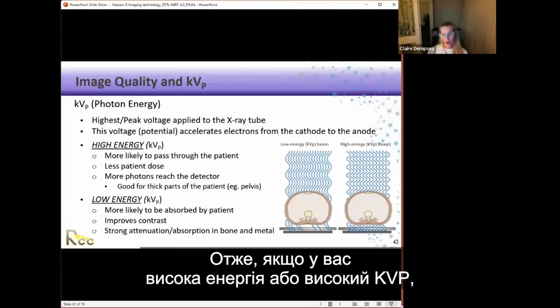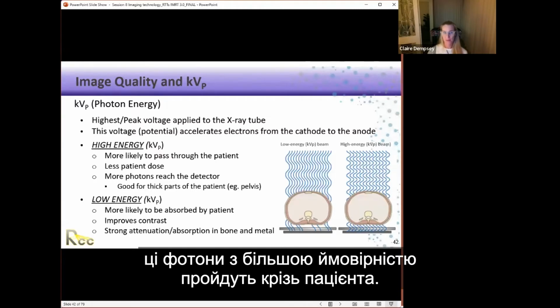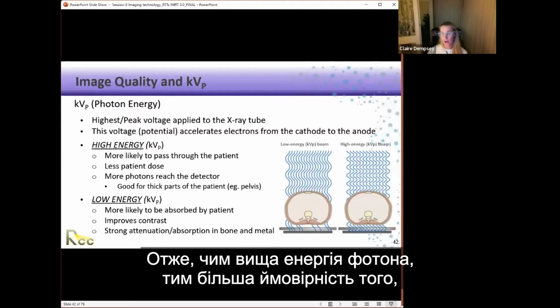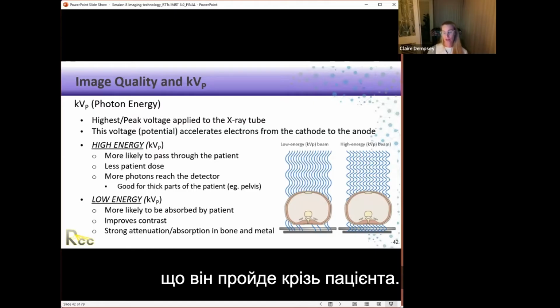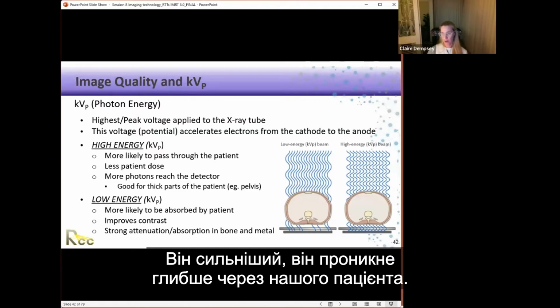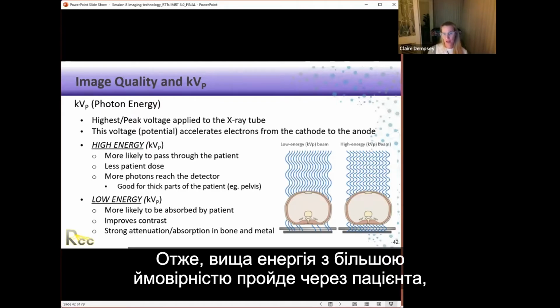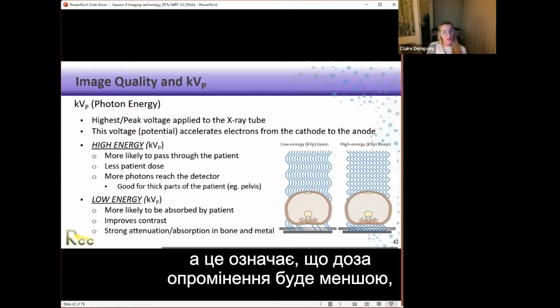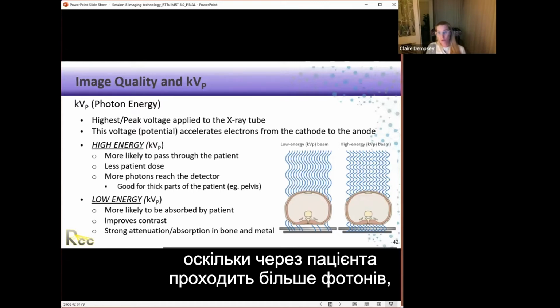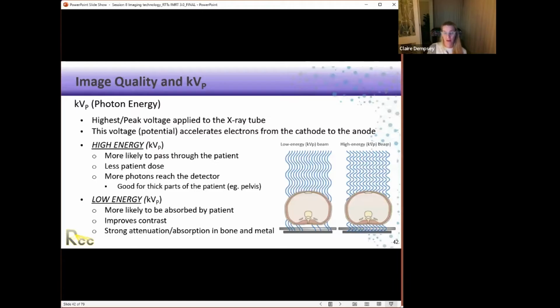If you have a high energy or a high kVp, these photons are more likely to pass through the patient. The higher the energy of the photon, the stronger it is and the deeper it will penetrate. So you're going to have less patient dose because more photons are passing through the patient than being absorbed by the patient.